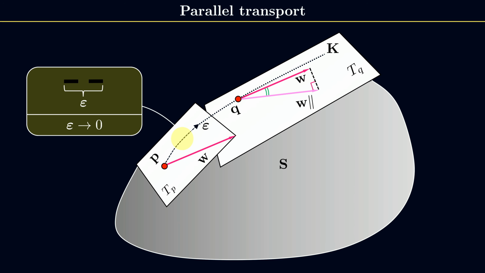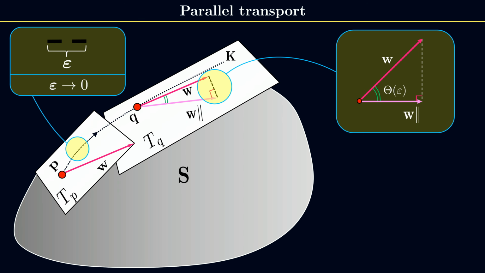At each step, the vector is first transported parallel to itself in the surrounding space, and then projected onto the new tangent plane. After that, the process is repeated for the next segment of the curve. If we now let the step length epsilon tend to 0, the number of such transports becomes infinite, and the process itself becomes continuous. It is precisely this limiting process that defines parallel transport along a curve.